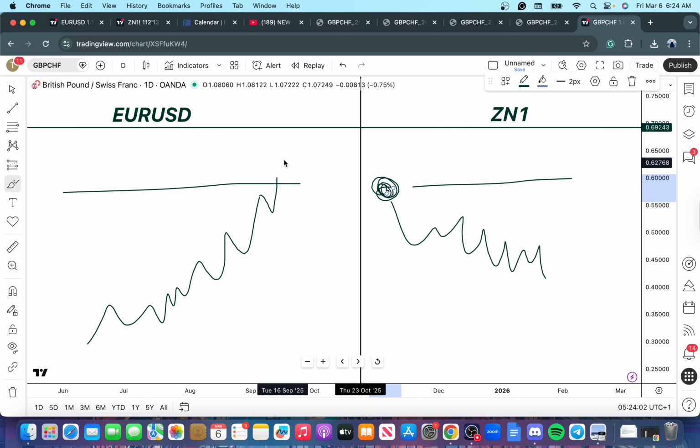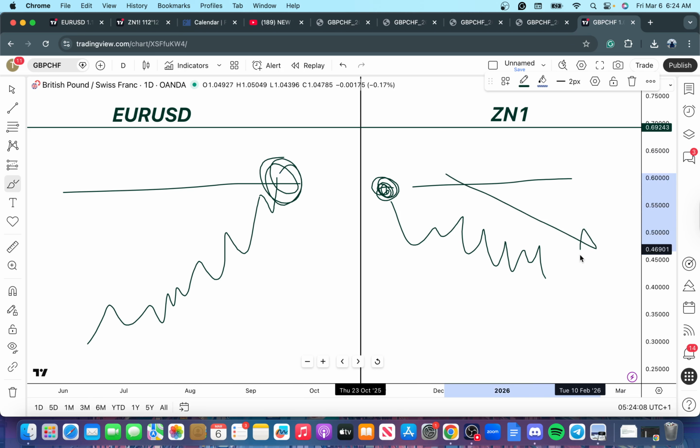That creates a low probability for continuation on Euro Dollar, because we're seeing 10-year T-note already trade lower at the time Euro Dollar is trading higher.